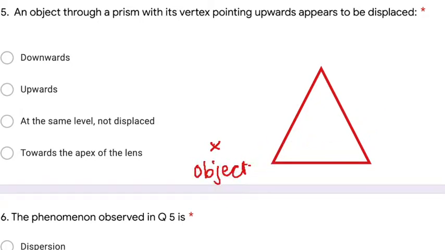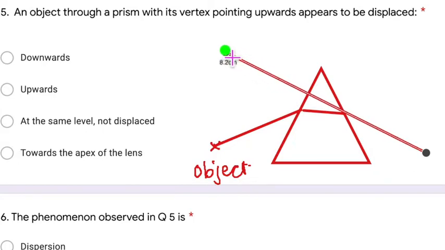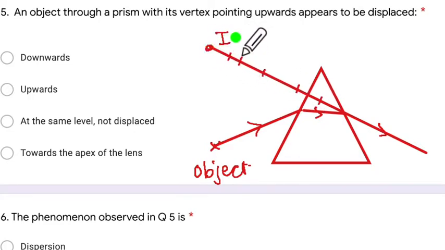Okay, so we will have to take the incident ray from there, like so, and this incident ray is going to turn this way, and then again it is going to turn this way. Now when it turns this way, it will appear to be coming from here. Okay, and so your object, let me just show the arrows, and this is going to be a dotted line. This is where the image will be.